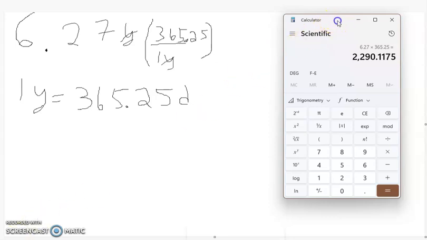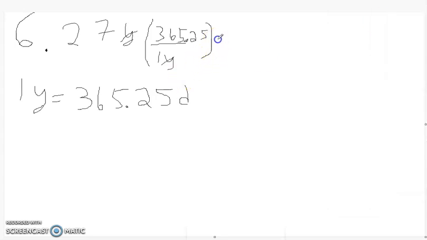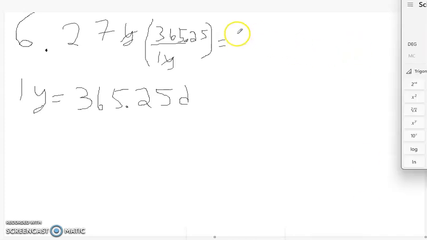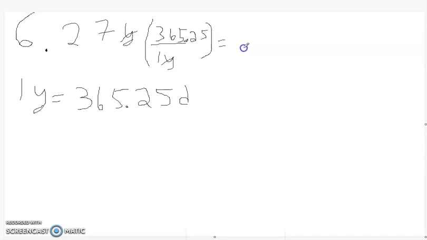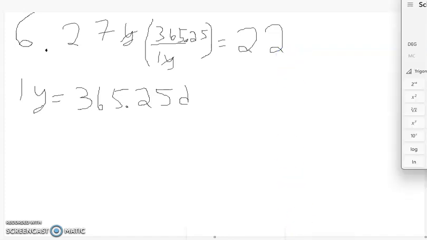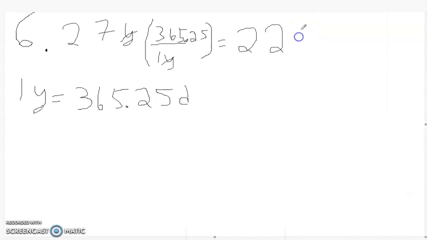So this is equal to, again, it's a pain to write this stuff out with the mouse, but I will try. It's 2,290.12.